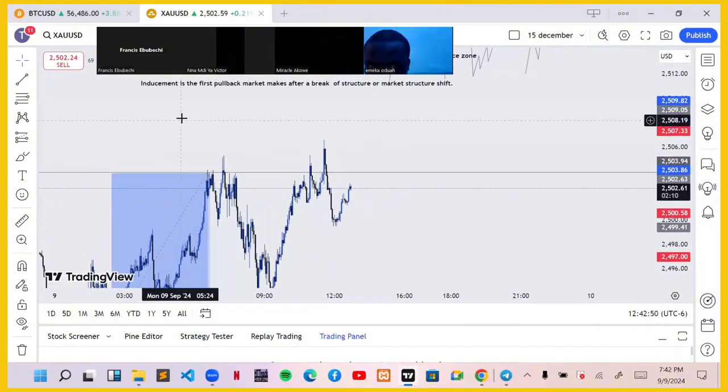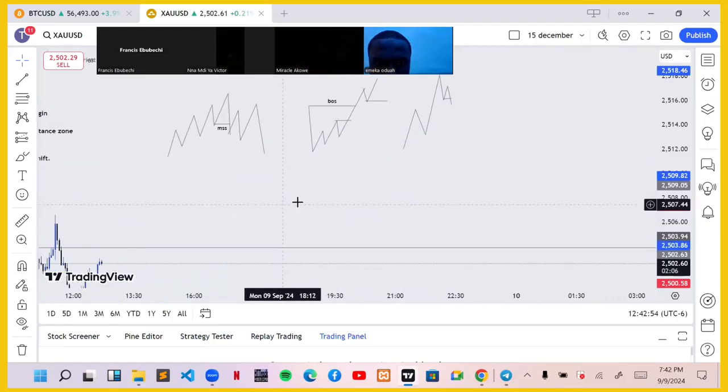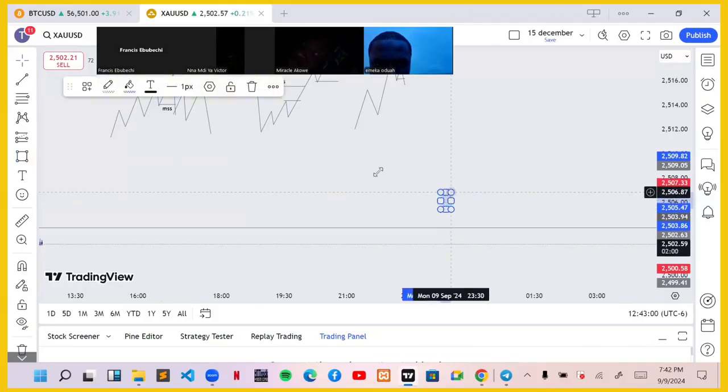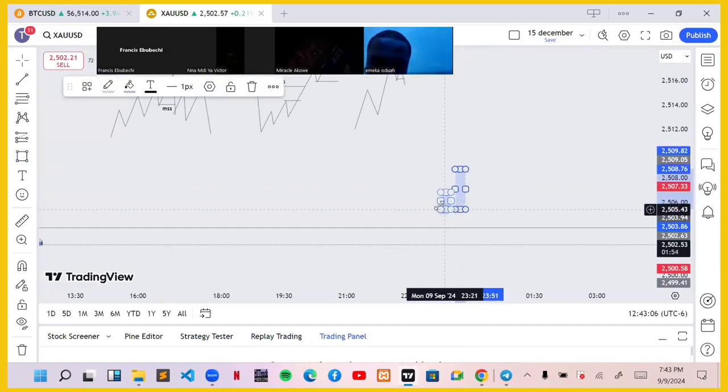So there are two types of order blocks. We have the bullish order block and then we have the bearish order block. This is what a bullish order block looks like. You will see a bearish candle, then you will see a bullish one engulf that bearish candle like this.